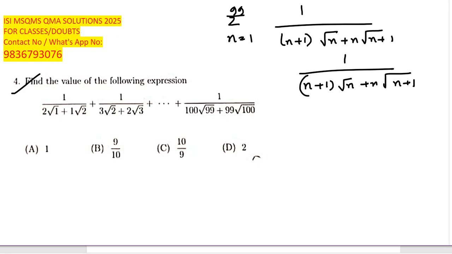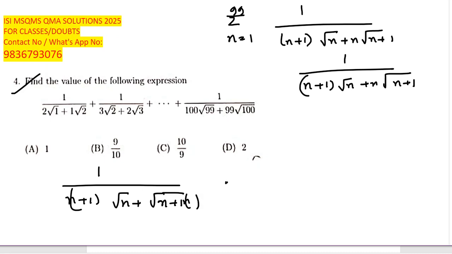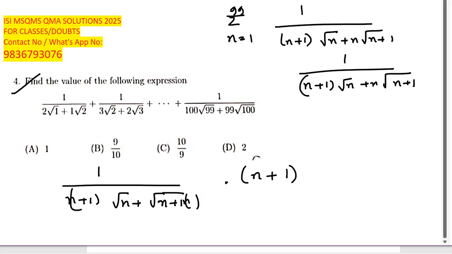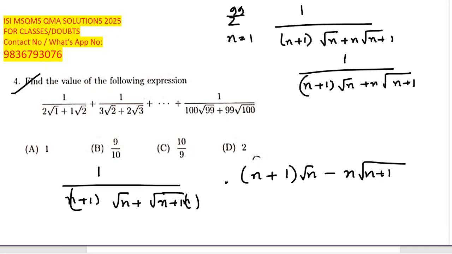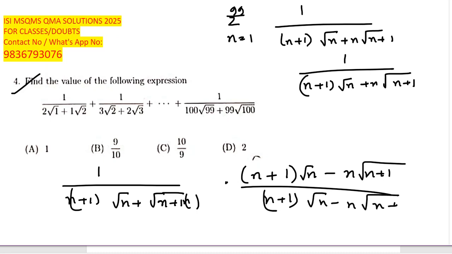So 1 by (n plus 1) root n plus n root (n plus 1), multiplied by (n plus 1) root n minus n root (n plus 1), over (n plus 1) root n minus n root (n plus 1).